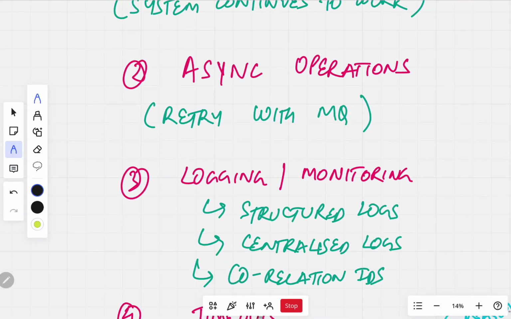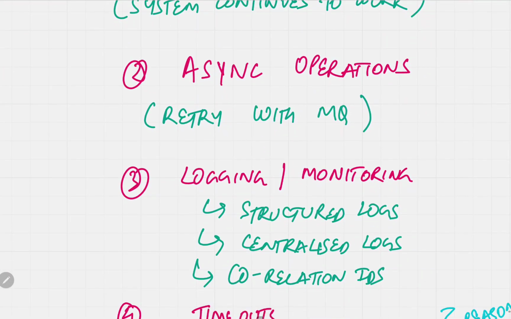For the sake of debugging in the future, or if it is an async system and in the async flow also something is not going right, how do we manage it? So we have to have good monitoring.